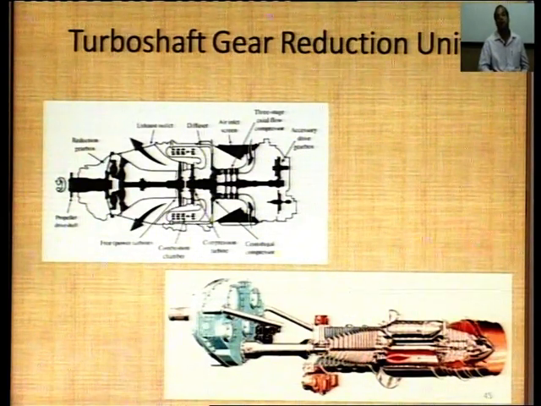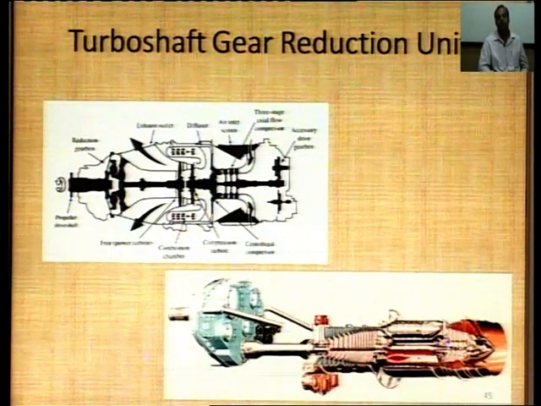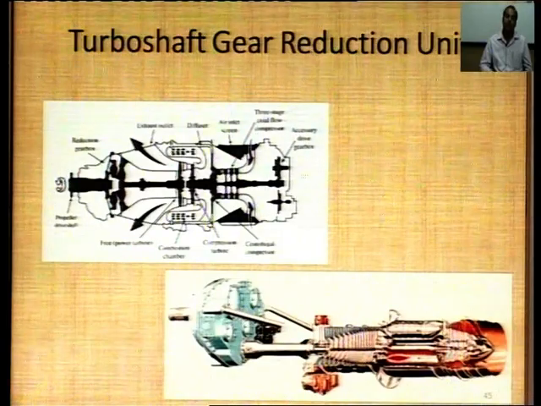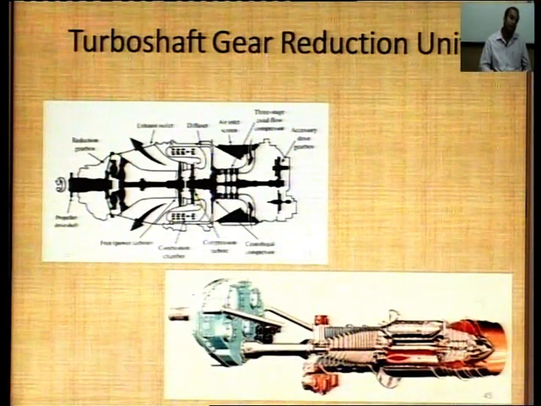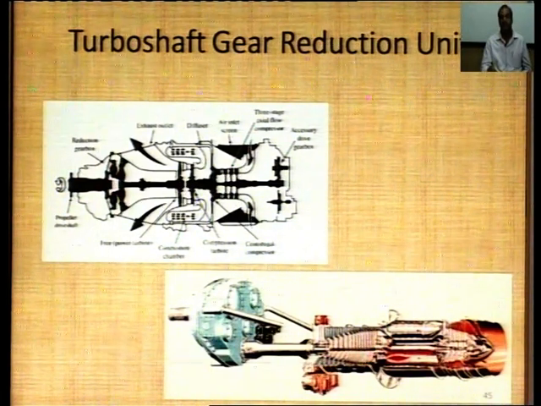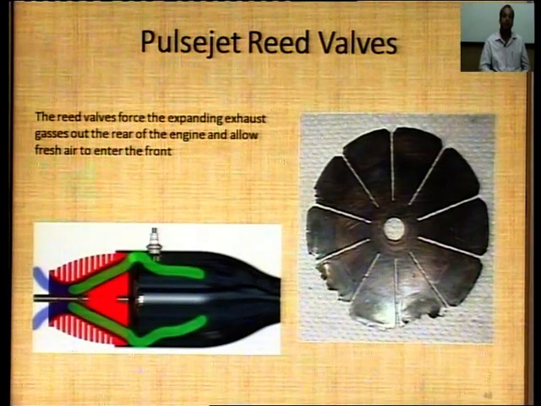These are some basic schematic diagrams of the turboshaft gear reduction unit. These diagrams we have also already discussed in the previous slides. Next, come to the pulse jet reed valve.